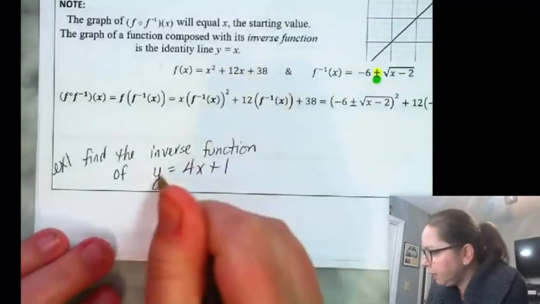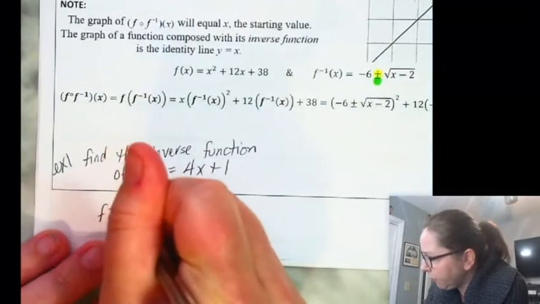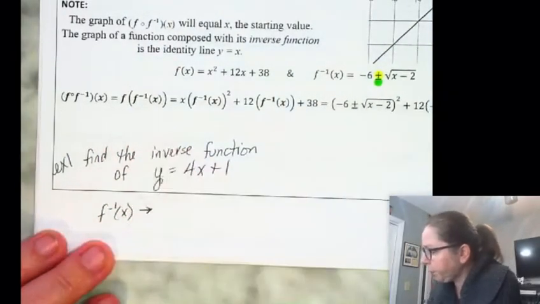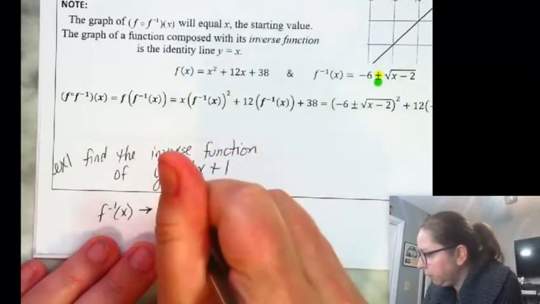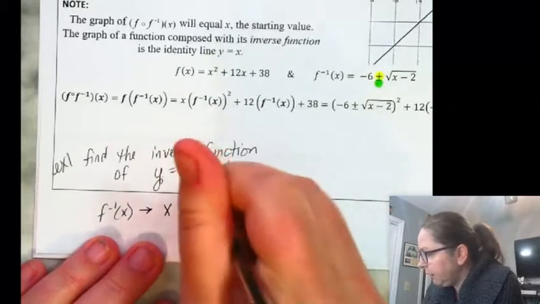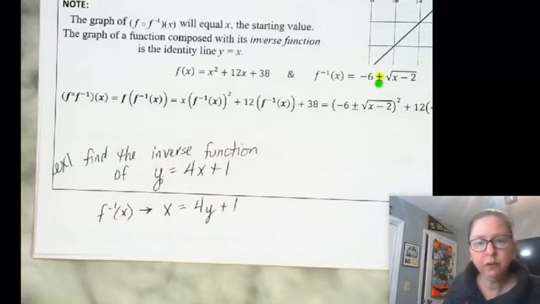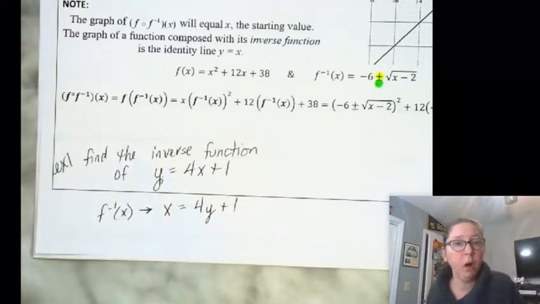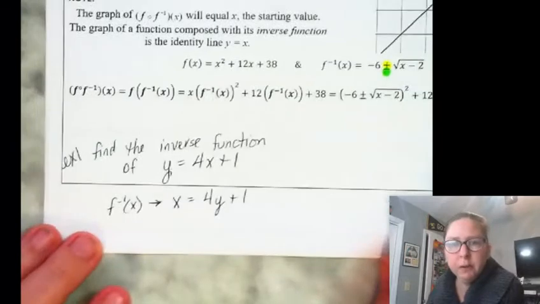Here's what I'm going to do. Wherever I see the y, this will be my inverse function, so wherever I see the y, I'm going to put an x there. Wherever I see the x, I'm going to replace that with the y. And now what we need to do is solve this to get the y by itself again, like it was when it first started out.